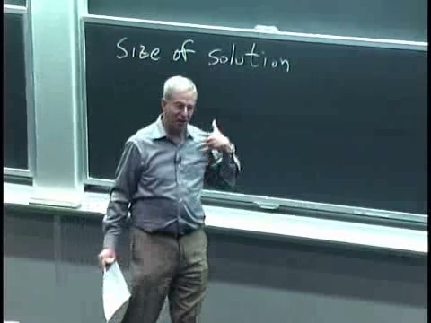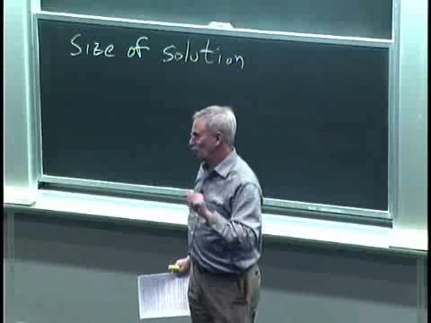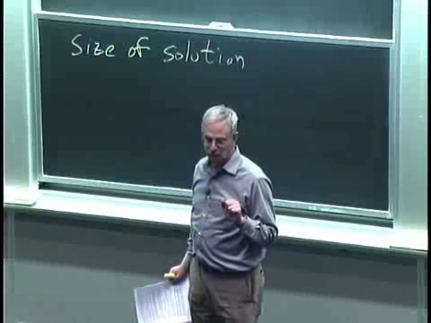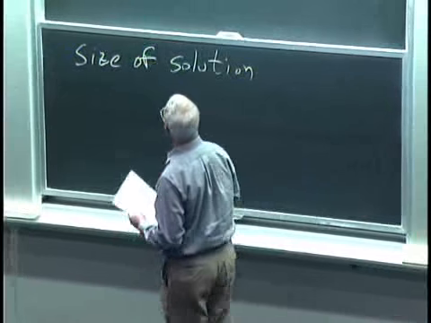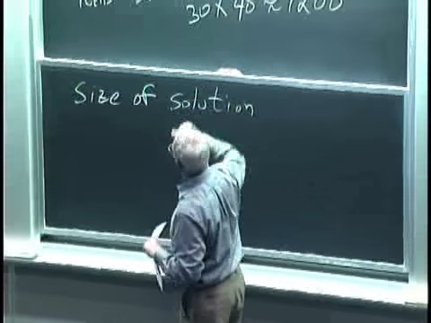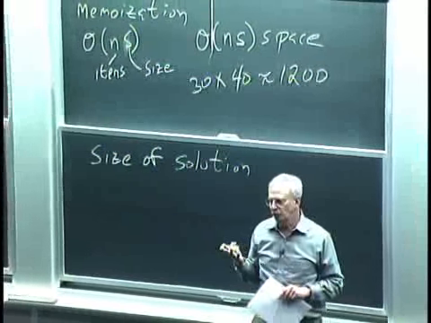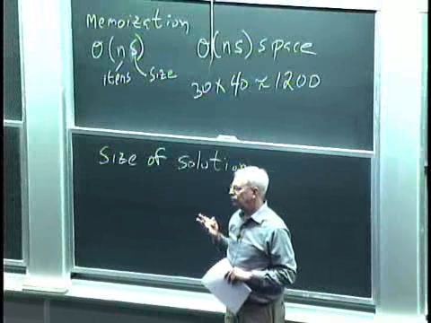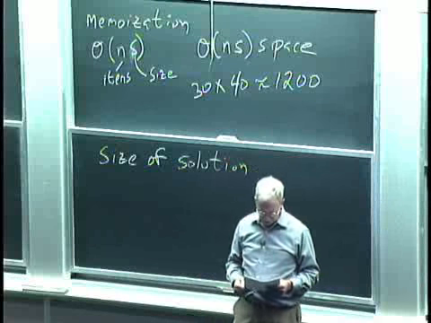And of course, the running time is exactly, or almost exactly, the number of things I have to remember. So you can see, if you think about it abstractly, why the amount of work I have to do here will be proportional to the number of items I can fit in, that is to say, the size of the solution.